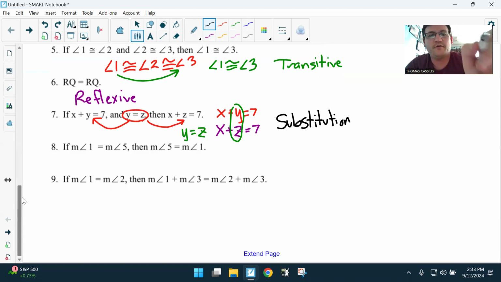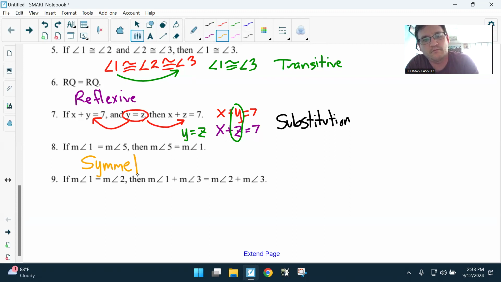Now, this next one. They are saying if angle 1 equals angle 5, then angle 5 equals angle 1. This is the symmetric property. Basically, what they're saying is it doesn't matter what order you write them.